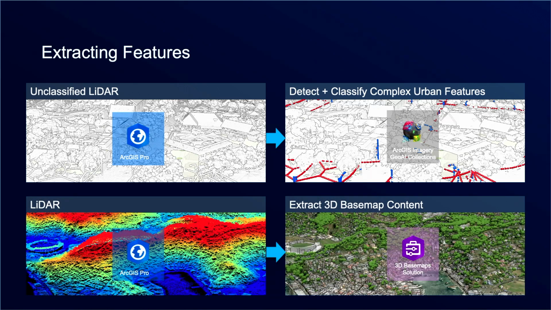Also, we can extract them to be part of the base map content. That helps to streamline all the data and extract those 3D base map data for a digital twin. This is actually the baseline for how you get started, and it's becoming more and more efficient to do so, right? Because it's not so expensive anymore.